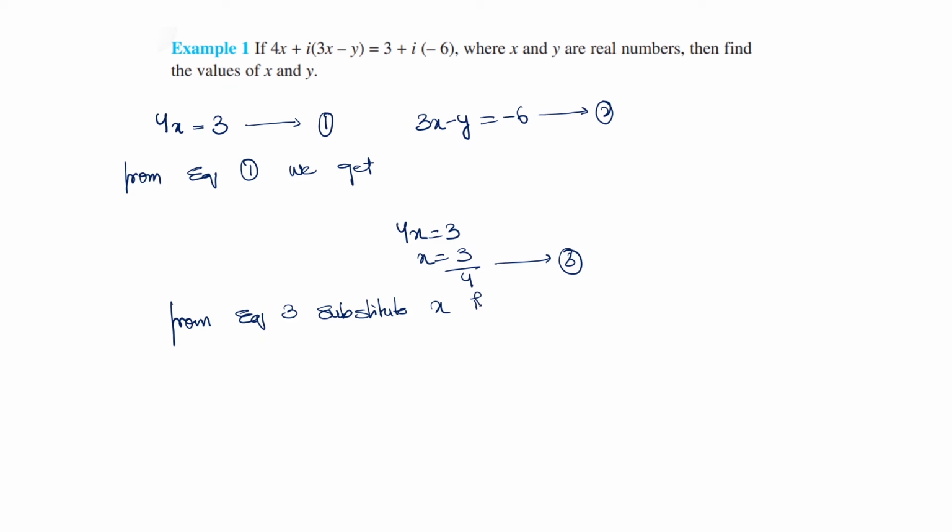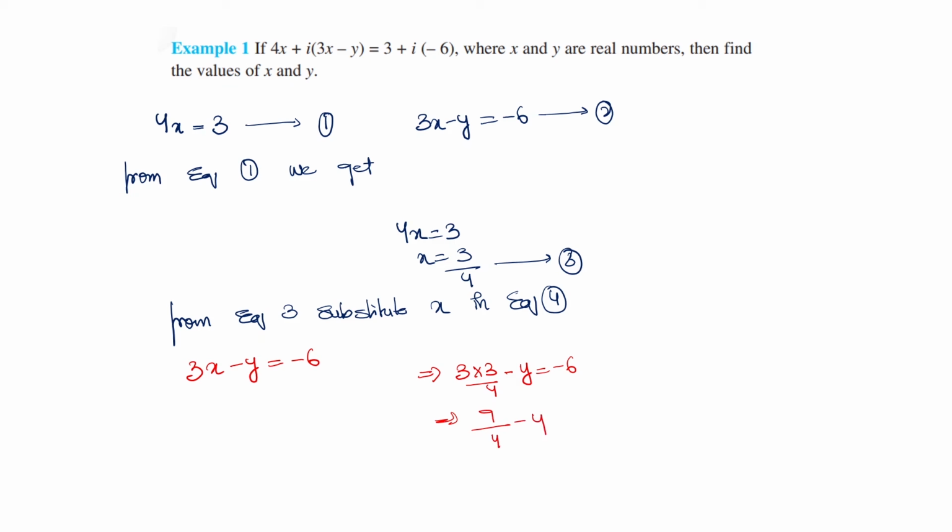After putting it, 3x minus y equals minus 6, which is already given. In the place of x, I will put 3 by 4. So that is 9 by 4 minus y equals minus 6. As I'm writing, 3x minus y equals minus 6, it implies 3 into 3 by 4, for easy understanding, minus y equals minus 6.